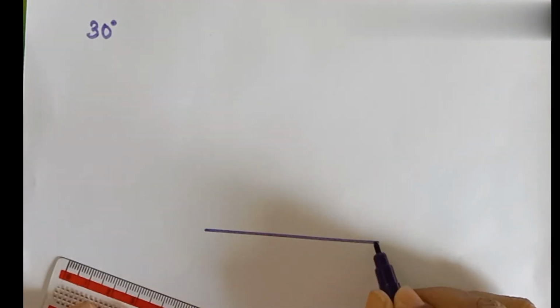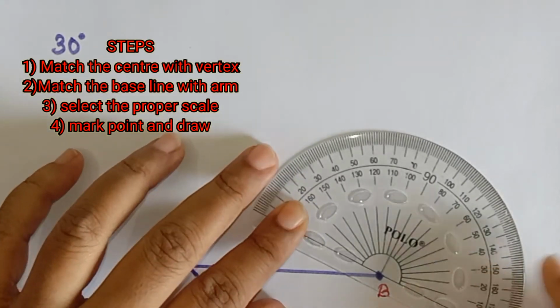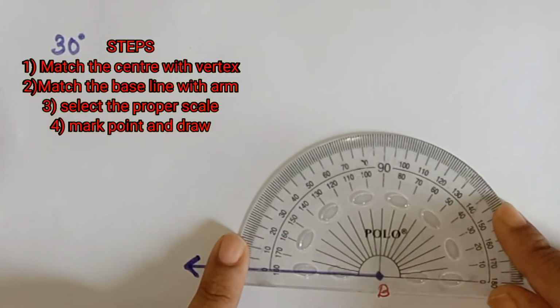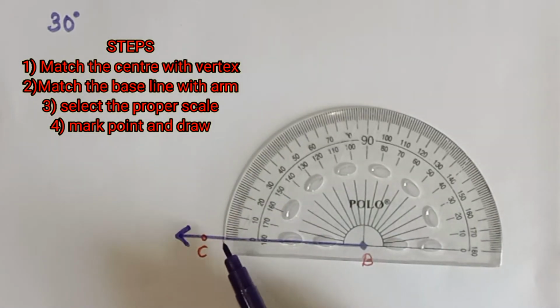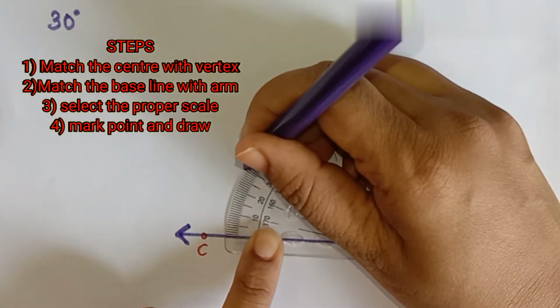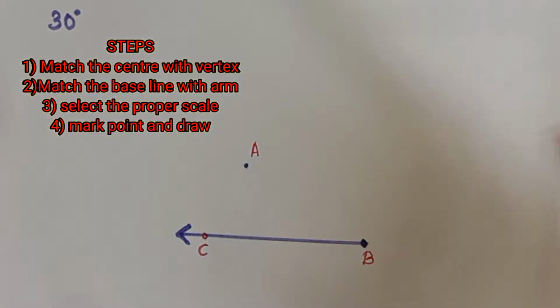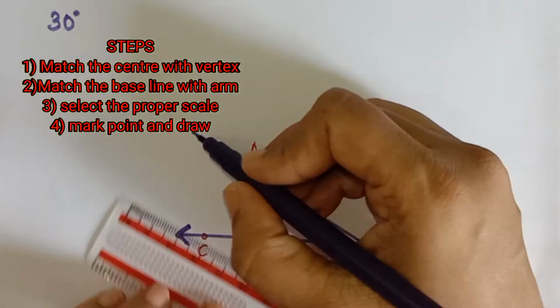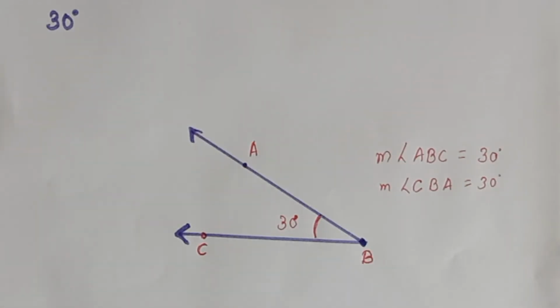Opening is toward the left hand side. This was the example of an acute angle.